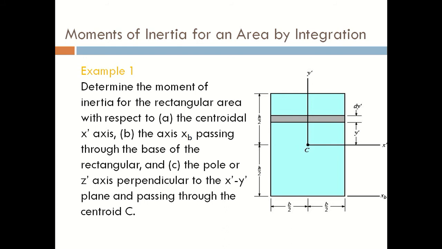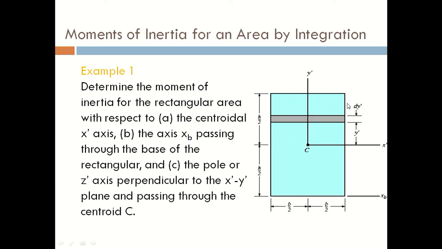Now we will see the moment of inertia of an area by integration. For that we consider an example: determine the moment of inertia of a rectangular area with respect to a) the centroidal x axis, b) the axis xb passing through the base of the rectangle, and c) the pole or z axis perpendicular to the x dash y dash plane and passing through the centroid.